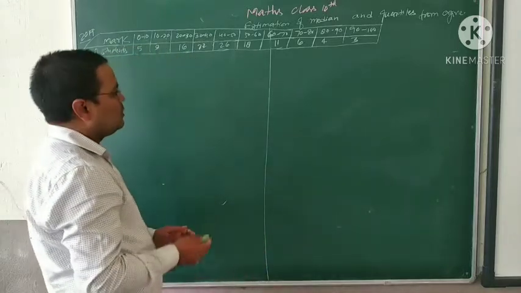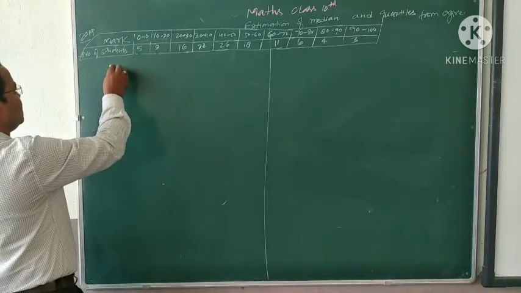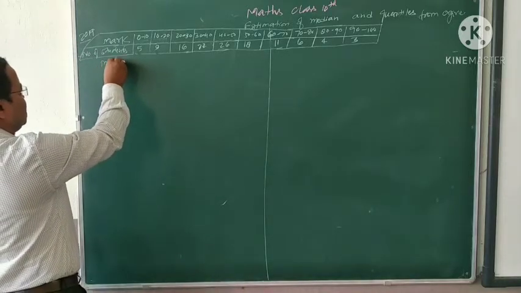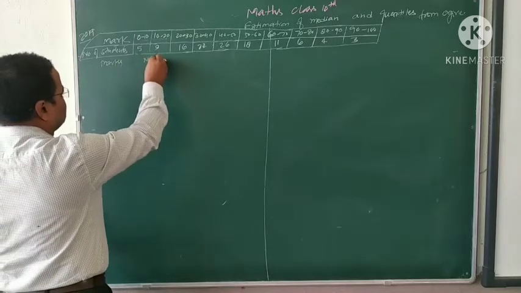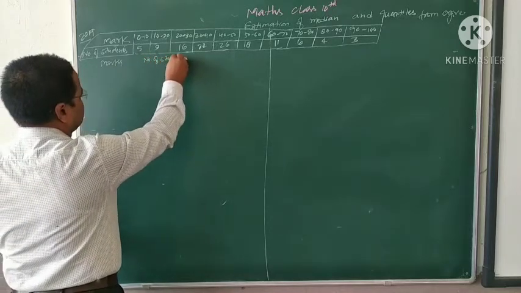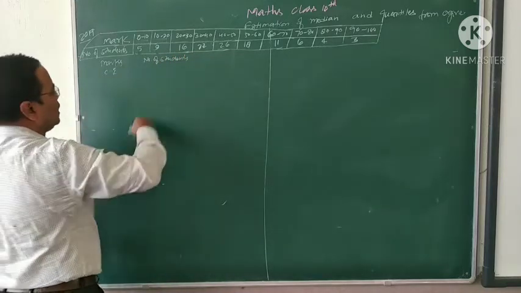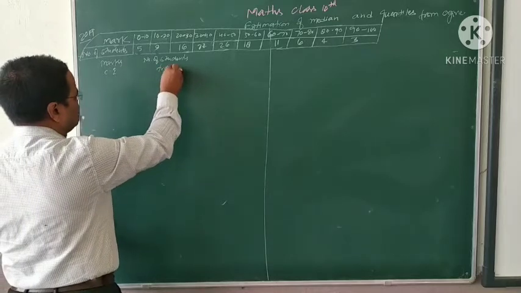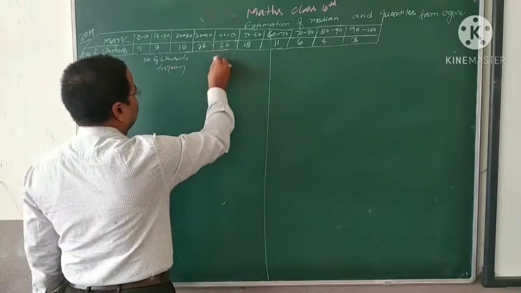Here, first of all, we make a column for class interval, meaning marks, and after that the number of students. Marks is in the form of class interval and number of students is in the form of frequency. Then we make a column for cumulative frequency.